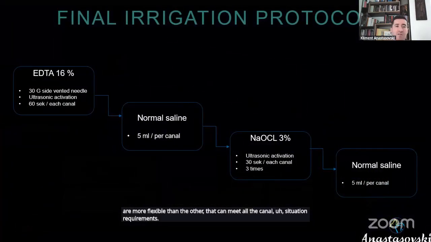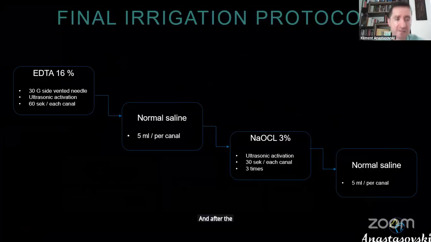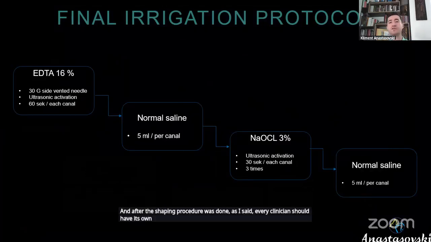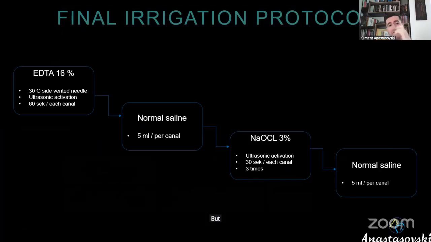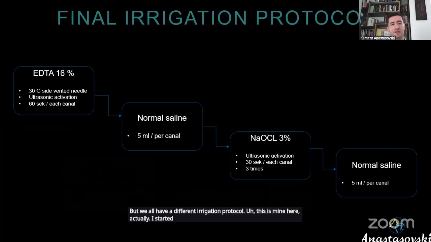And after the shaping procedure was done, as I said, every clinician should have their own final irrigation protocol. We are all using the same irrigants or solutions, the EDTA and sodium hypochlorite, but we all have a different irrigation protocol. This is mine here. I started with the EDTA, 16% EDTA.